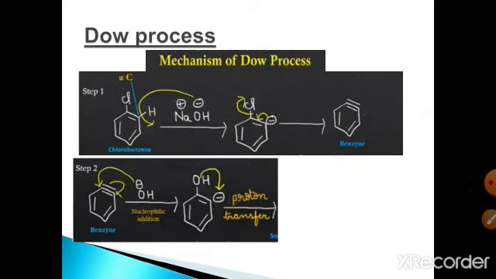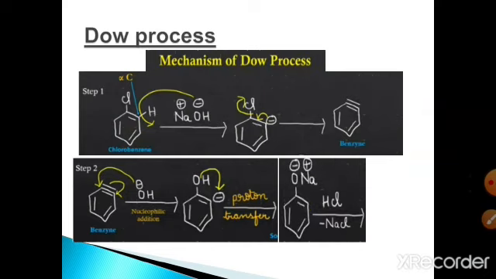When the negative charge is present on the carbon, in this step proton is transferred from the oxygen to the carbon, and when proton is transferred, phenoxide ion is formed, and this phenoxide ion reacts with Na positive which is present in the reaction mixture. It is converted into sodium phenoxide ion, and sodium phenoxide ion reacts with HCl.